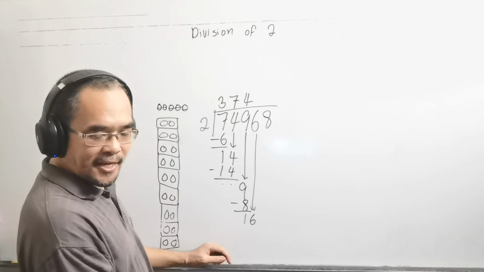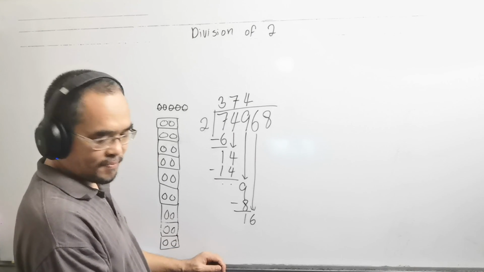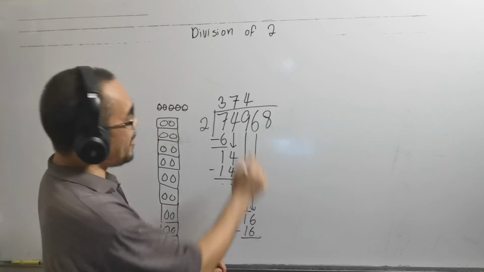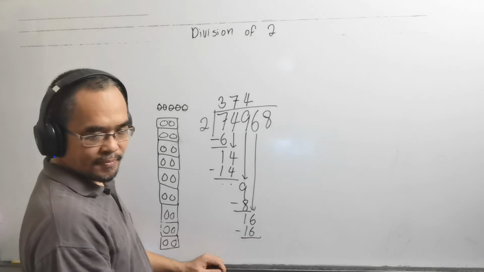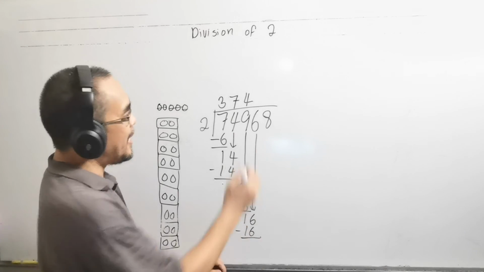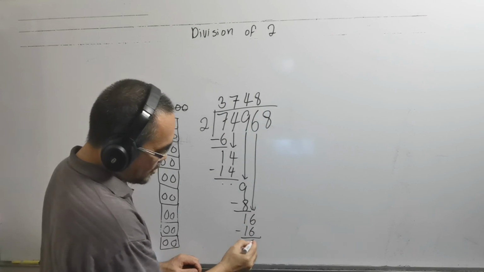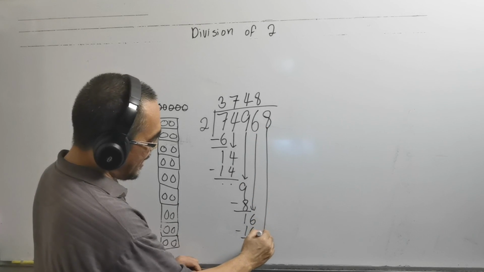What should be written underneath of 16? 16 here. What do we write on top of 6? 8. So 16 minus 16 will be 0. You put 2 dots and bring down the 8.